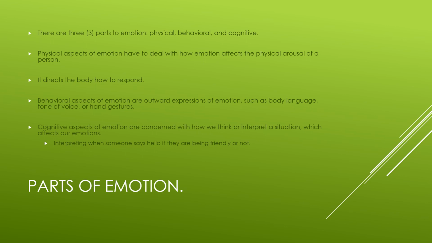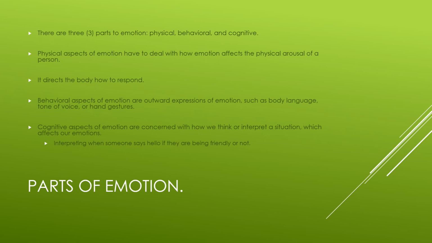And cognitive aspects of emotion are concerned with how we think or interpret a situation, which affects our emotions. Maybe you say hello to your friend or your brother or sister when they come home from school, and when they say hello back to you, you can tell that maybe they're upset or angry.